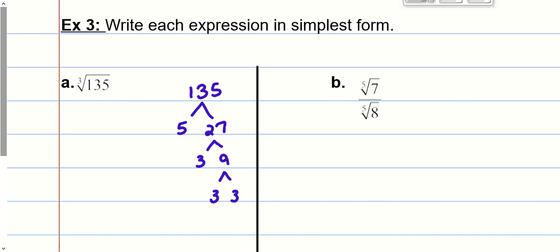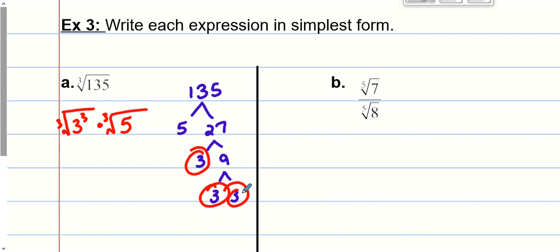So when I go over here, I'm going to break this up because I'm trying to simplify it. I'm writing it in simplest form. So I'm going to write the cube root of 3, and then there's 1, 2, 3 of them, so 3 cubed, times the cube root of 5.